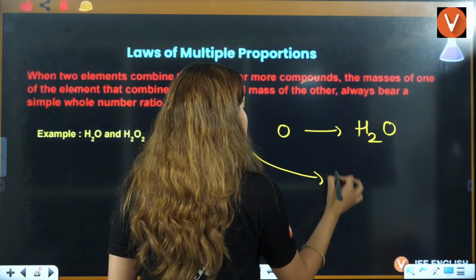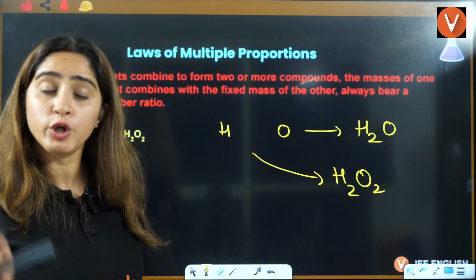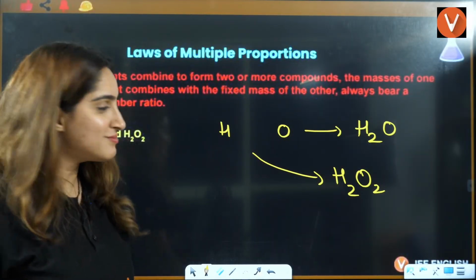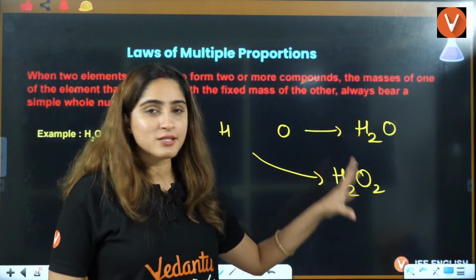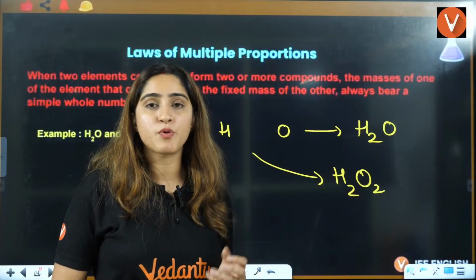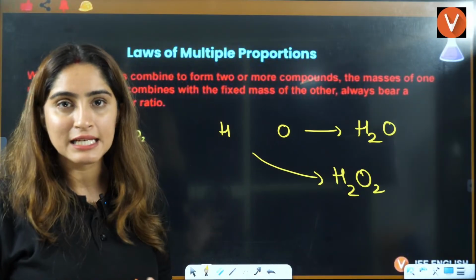If you're mixing in this ratio, 2 atoms of hydrogen and 2 atoms of oxygen, you will get a different compound. This is water, this is peroxide. Their chemical properties, their physical properties, their structure, everything is different, right?